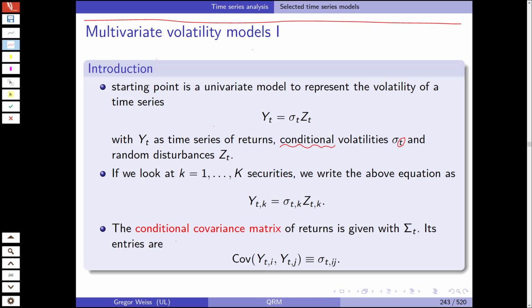And then the conditional covariance matrix of these returns is given by the covariance matrix sigma t, and the entries of this matrix are simply the covariances between yti and ytj. So we are choosing two variables, one at a time, i and j, and if we calculate the covariance between these two return series, this is one entry in the variance covariance matrix sigma t.